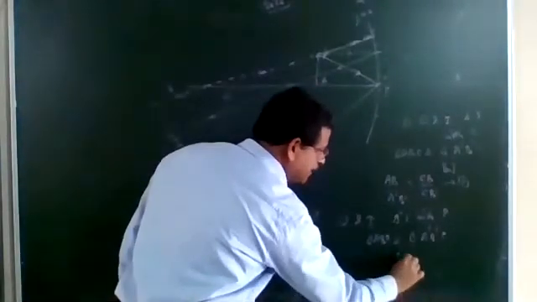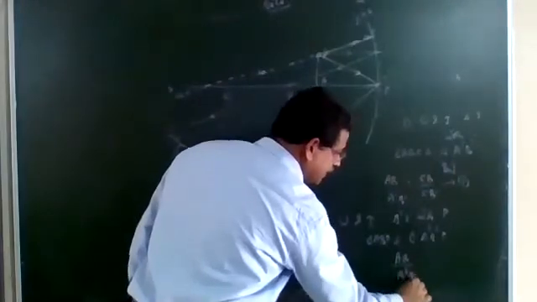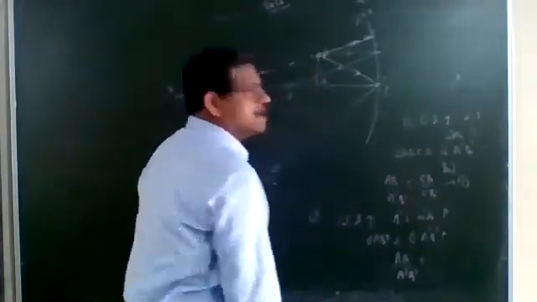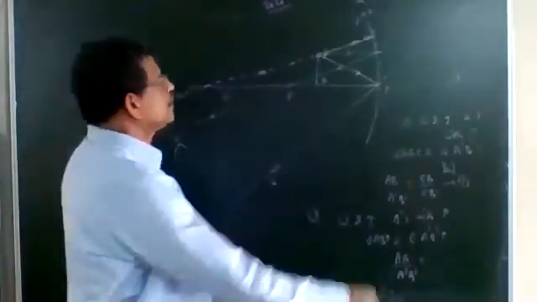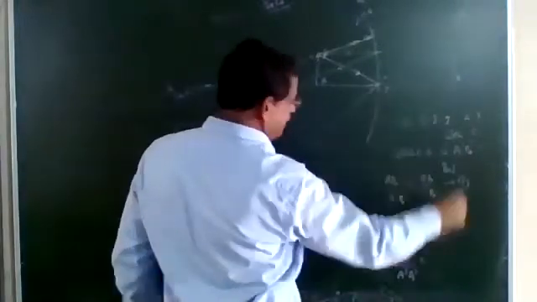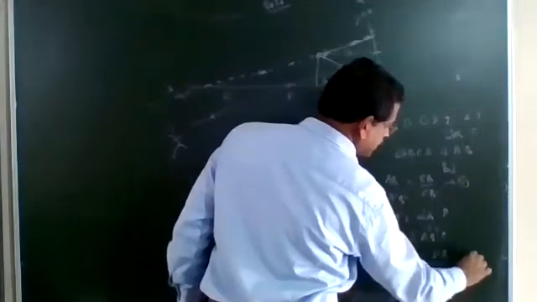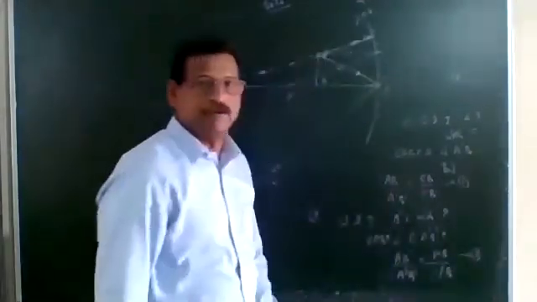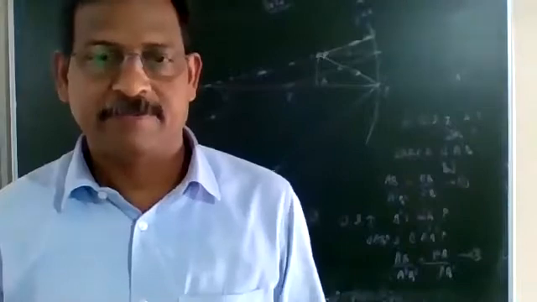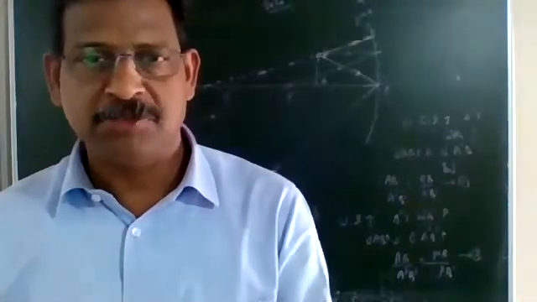Write AB divided by A dash B dash is equal to PB divided by PB dash. There is absolutely no change. So in this format of the equation, there is no change.